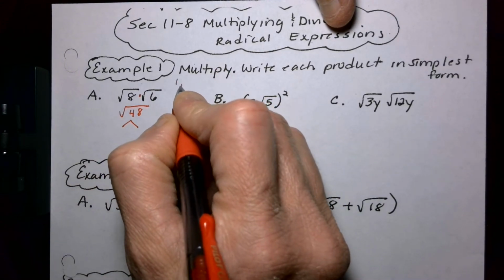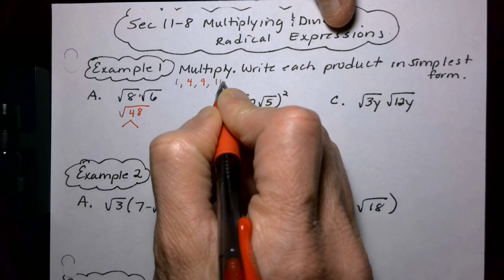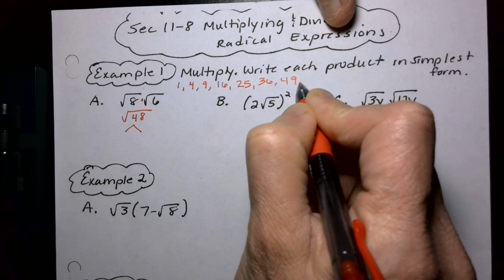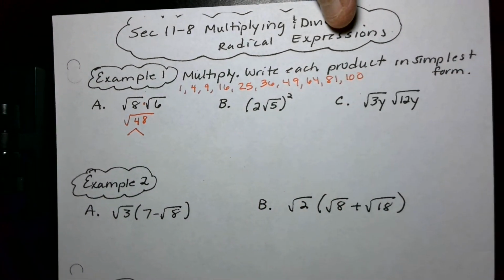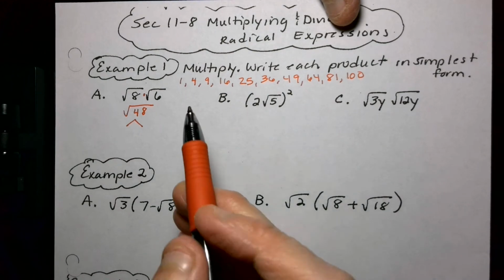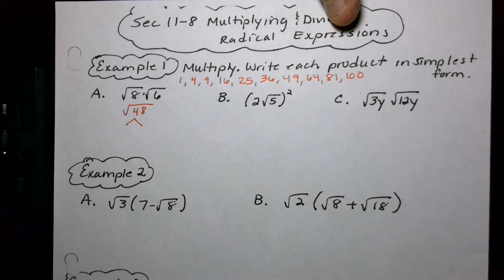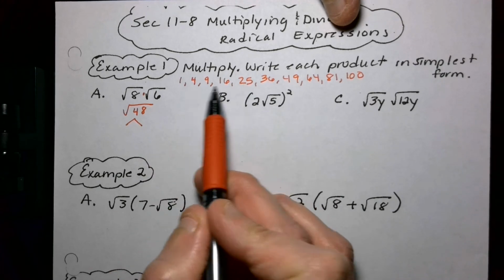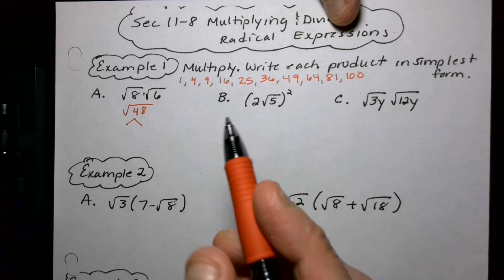Remember, 1 squared is 1, 4, 9, 16, 25, 36, 49, 64, 81, 100. Here's the short list, because that's 1 squared, 2 squared, 3 squared, 4 squared, 5 squared, etc. So we're trying to think is, does this divide by any of these? And the answer is yes, it divides by 16, 3 times.